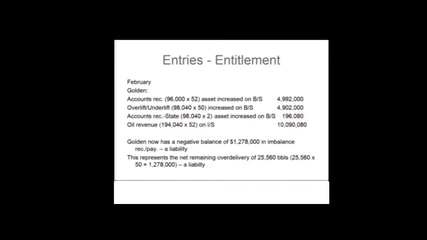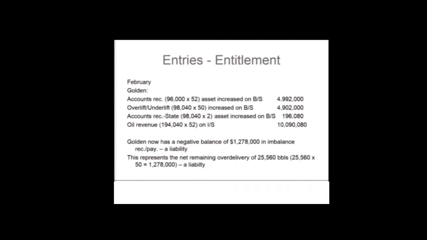So why am I putting 50 in that over-under account? Well, if last month I created an overlift at 50, then when I settle that overlift, or in this case I'm settling part of that overlift, I can only settle it at 50. So if I create basically a liability at 50, I can only settle that liability at 50.